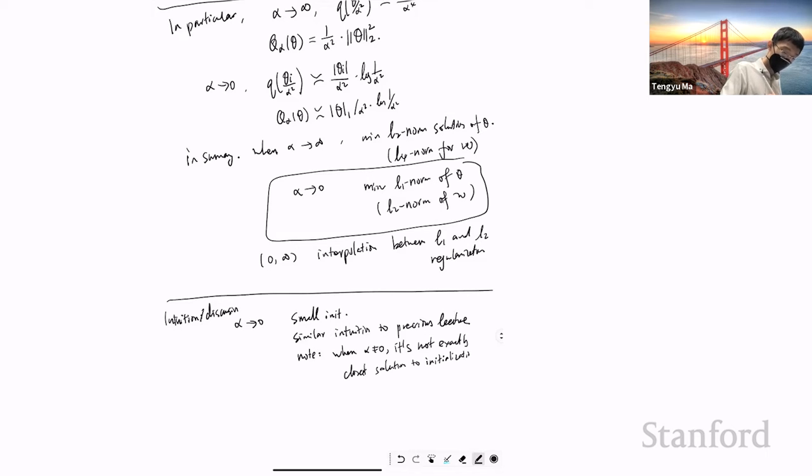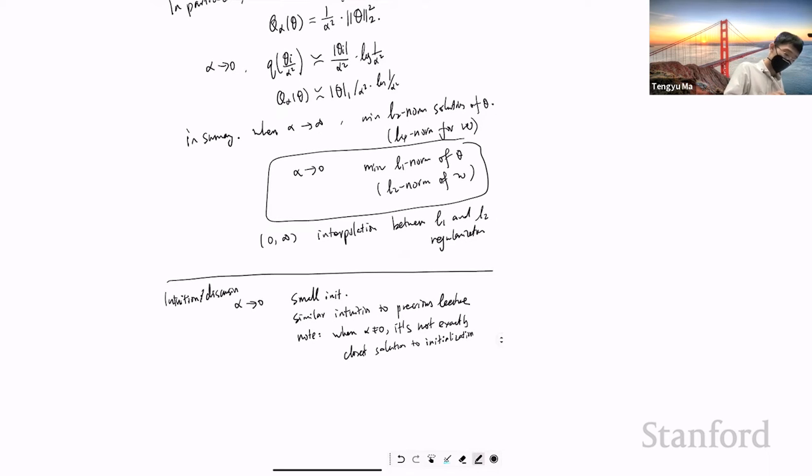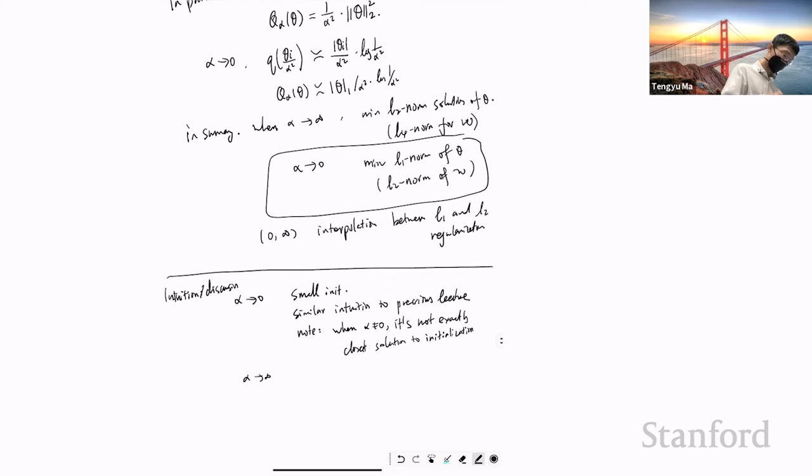I think the paper shows there are some tiny differences. So only when alpha goes to 0 can you basically say this is the closest solution to initialization. But generally, this is something we discussed last time. And when alpha goes to infinity, this is indeed the NTK regime.